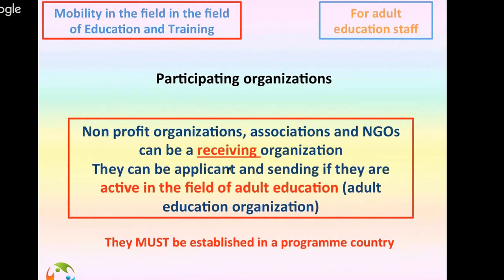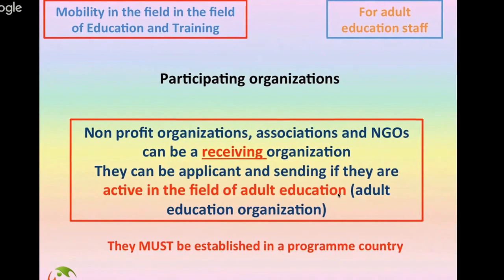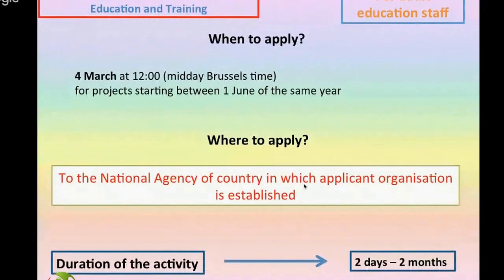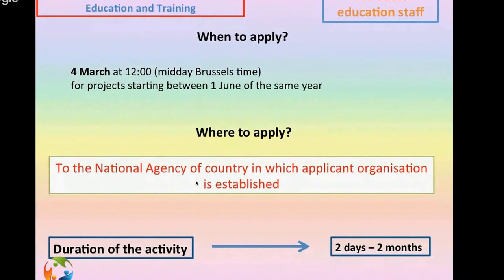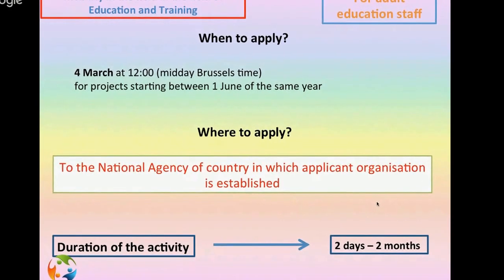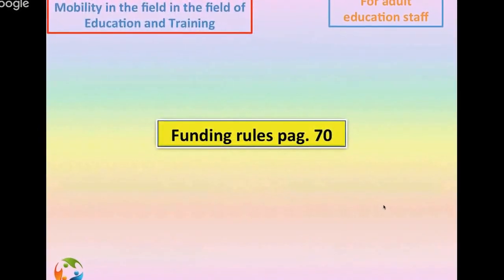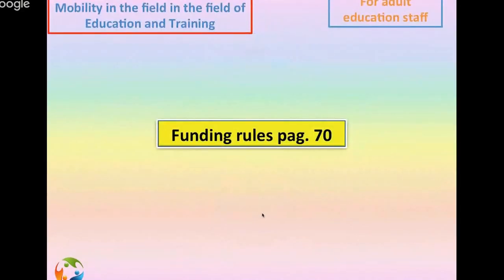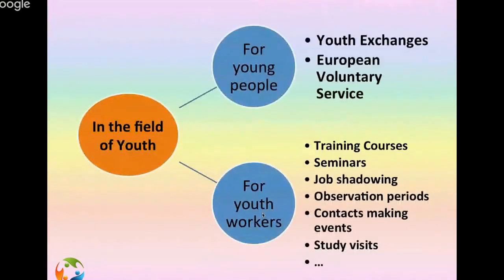So they can be receiving, or they can also be applicants and sending if they are active in the field of adult education. And again, they must be established in program countries. The deadline is the 4th of March. You apply to your national agency, and the duration of the activity is from 2 days up to 2 months. Specific funding rules you can find at page 70 of the user guide.